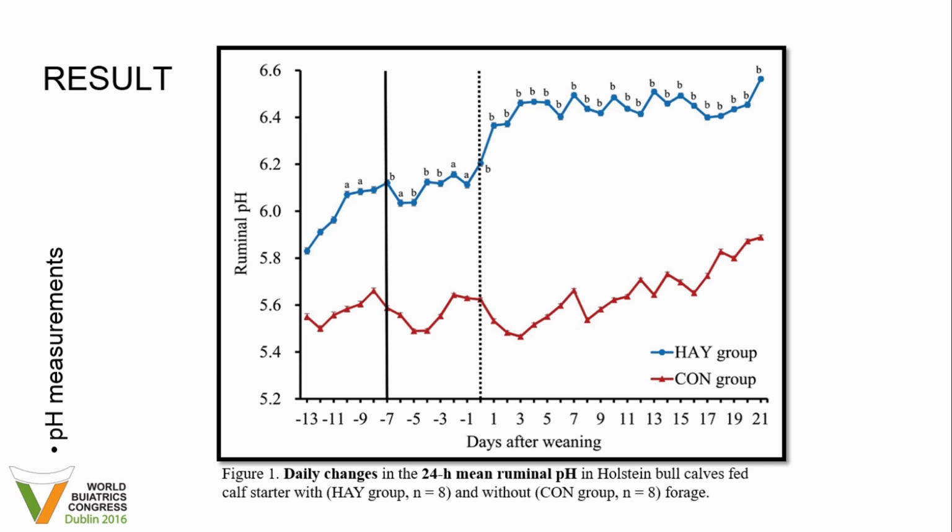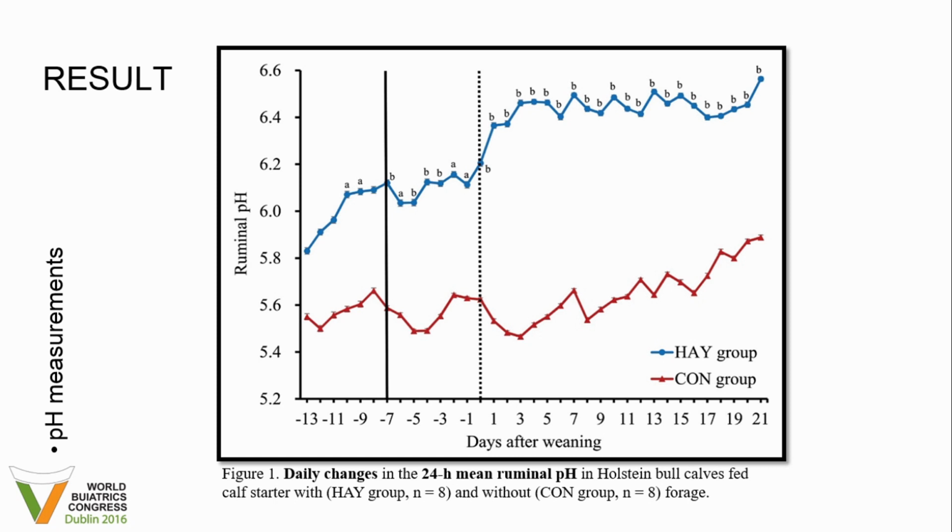This line graph represents daily changes in the 24-hour mean ruminal pH. Vertical and horizontal lines represent ruminal pH and days after weaning. The solid and dotted lines represent the -1 and 0 weeks after weaning, respectively.